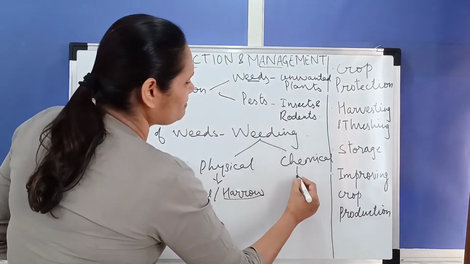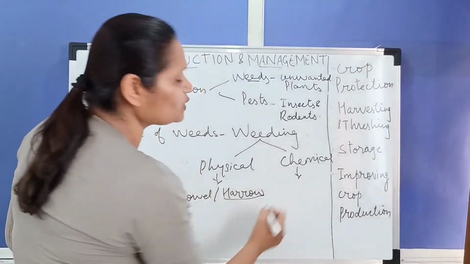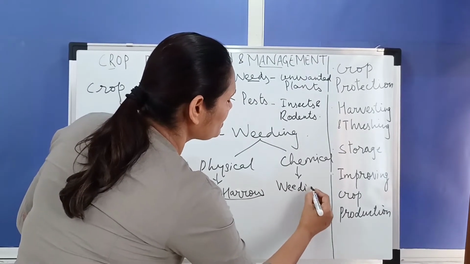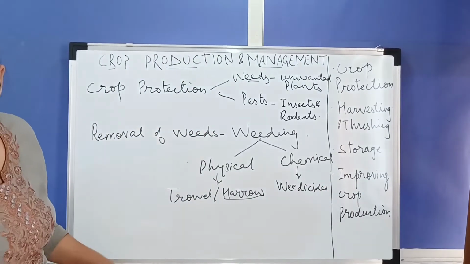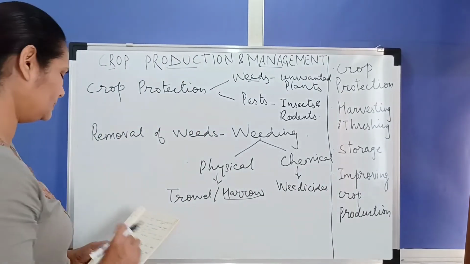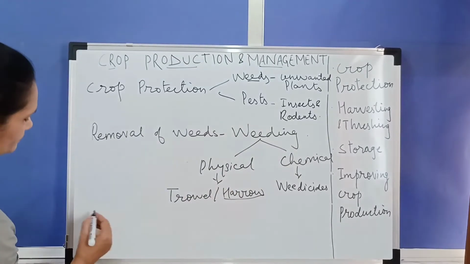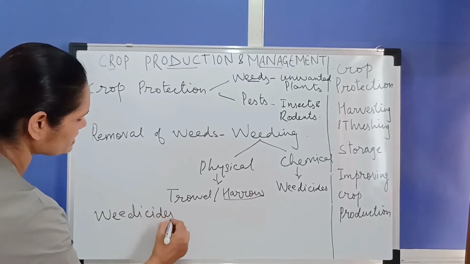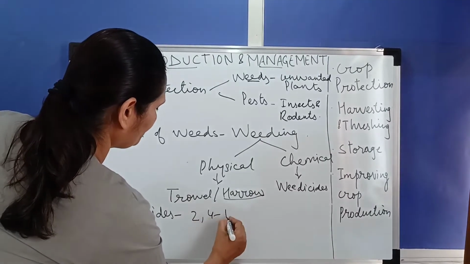Now there is a chemical method also of removing the weeds. In the chemical method, we use some chemical substances, and those chemical substances are called weedicides. For example, 2,4-D. I am giving you the example here. Some weedicides are 2,4-D.